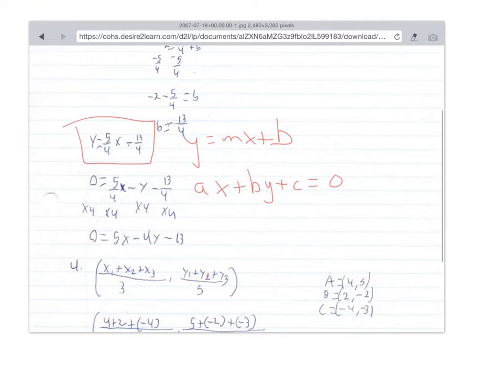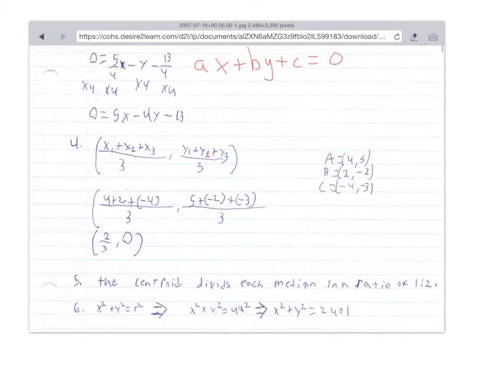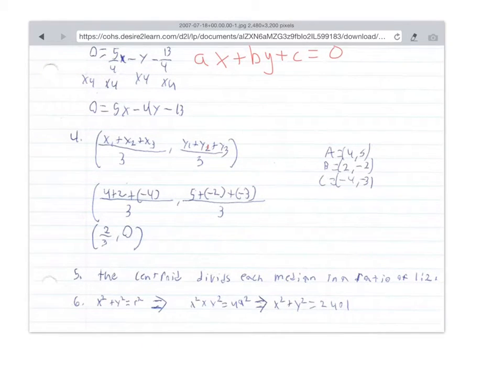So good job there. So question 4 is great, you're finding the centroid. And it turns out to be (2/3, 0) for this particular triangle. For question 5, the centroid divides each median in a ratio of 1 to 2. It does do that. It does sort of bisect each side of the triangle, is what I think you're trying to say. The centroid also represents the center of gravity, or the center of mass of a triangle.